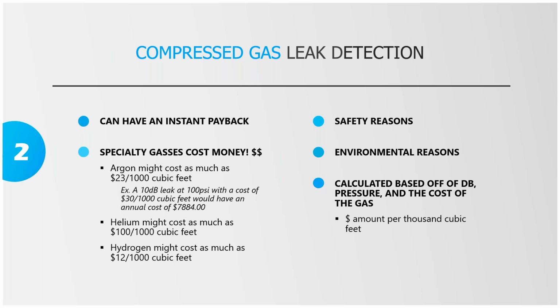Obviously, there are going to be some safety reasons why we need to do these leak checks on some of these compressed gas systems, and environmental reasons. And I'll tell you another great application where I saw this being used was in a plant that had their specialty gases delivered in bottles or cylinders.